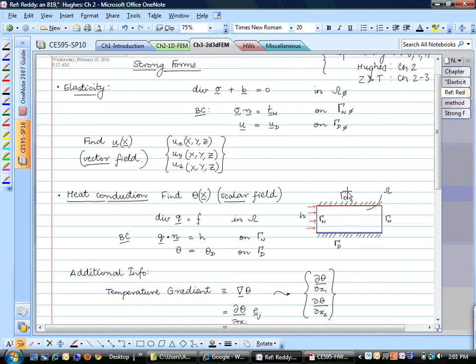So this is very similar to your homework problem also. I'm saying that on this edge of the structure, my temperature is, let's say, 100 degrees centigrade.